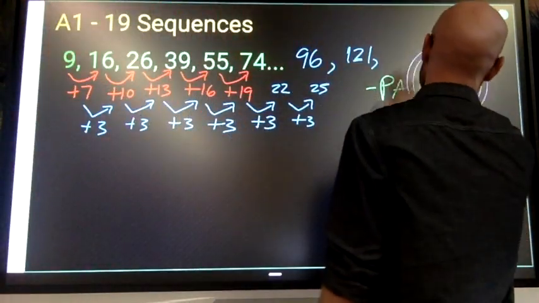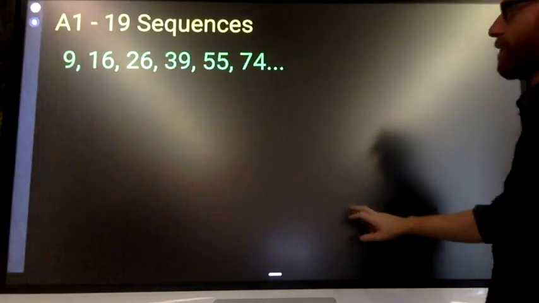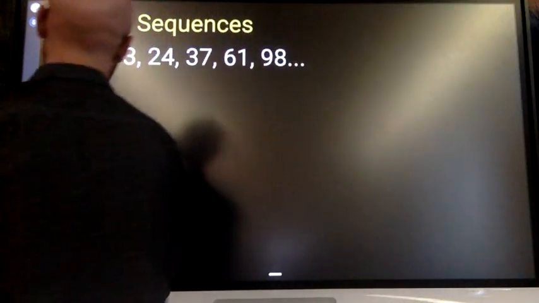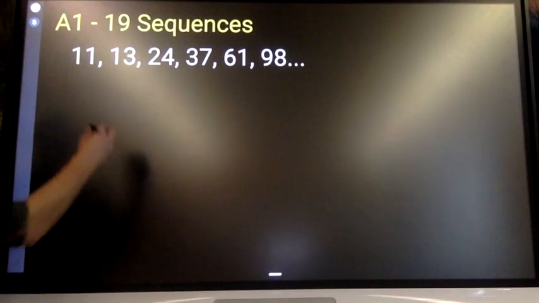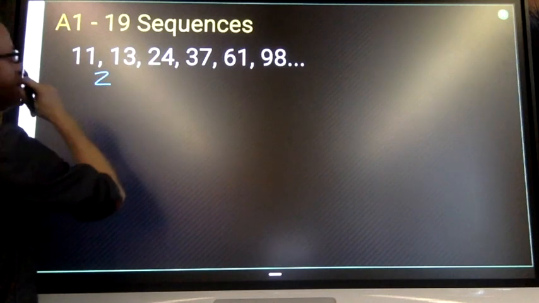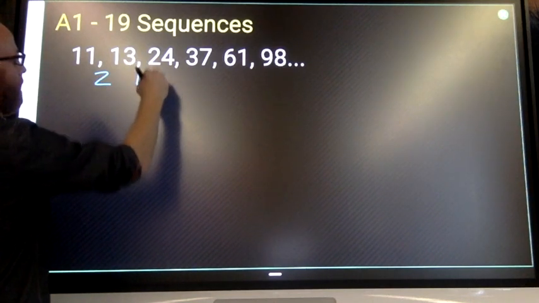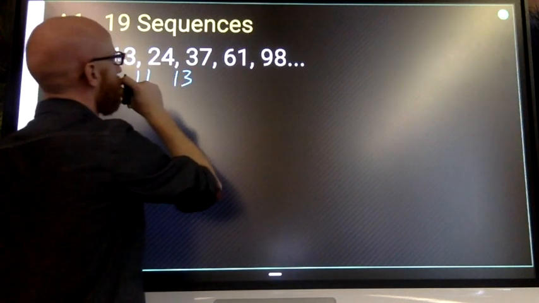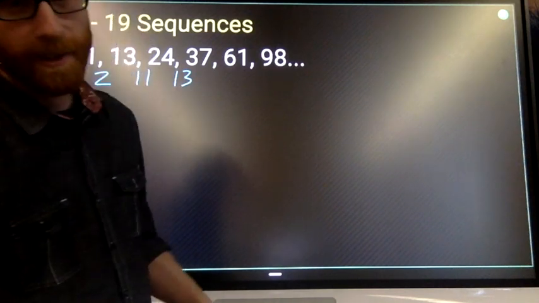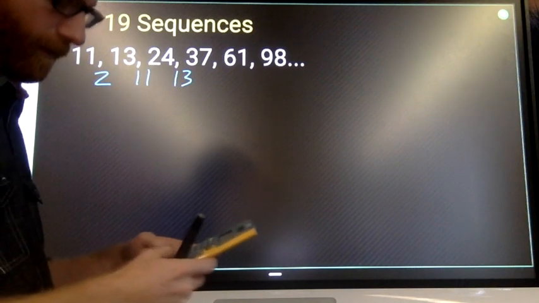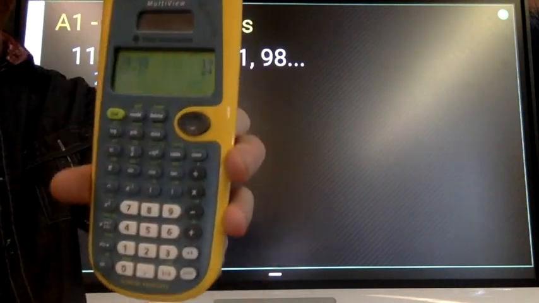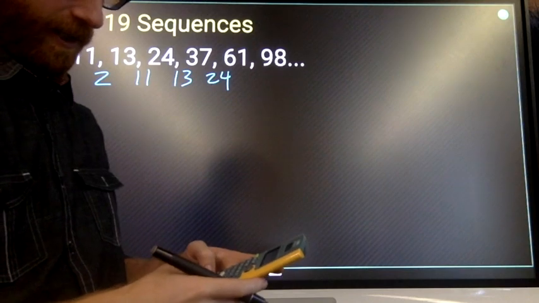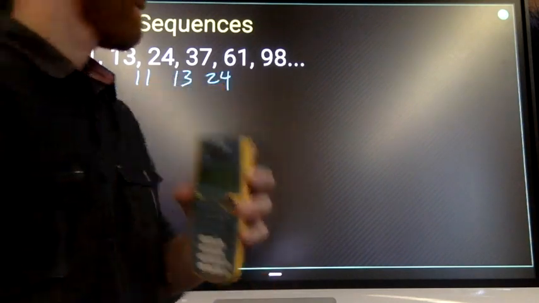All right, let's see. If it's not any of those types, again, when I'm testing for my arithmetic sequence, 2, 11, 13, 61 minus 37 is 24. 98 minus 61 is 37.